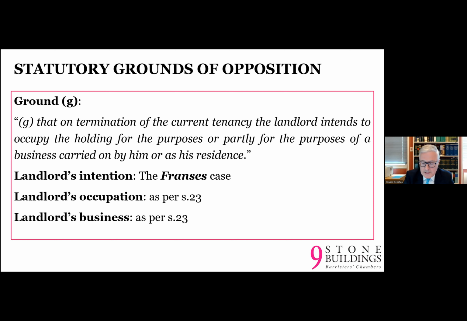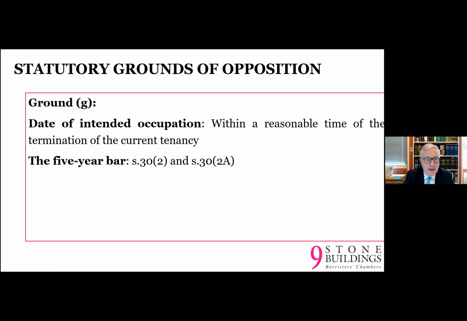The last element is the 5-year bar, and it's quite involved, but put simply, if the interest of the landlord has been created or purchased within 5 years of the date of termination specified in the Section 25 notice or the Section 26 request, ground G is not available. So that prevents speculators buying up reversions and then immediately seeking to oppose applications under Part 2 on ground G.